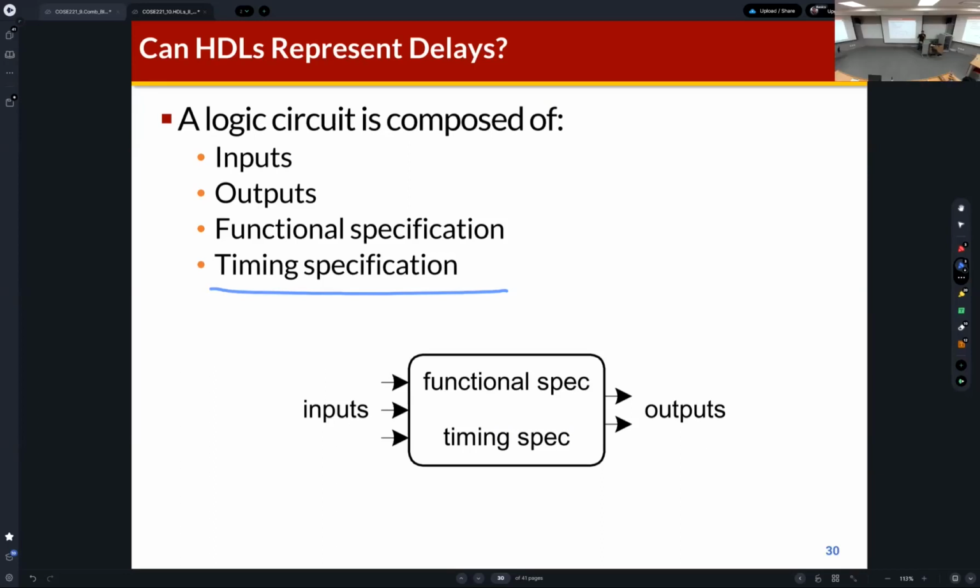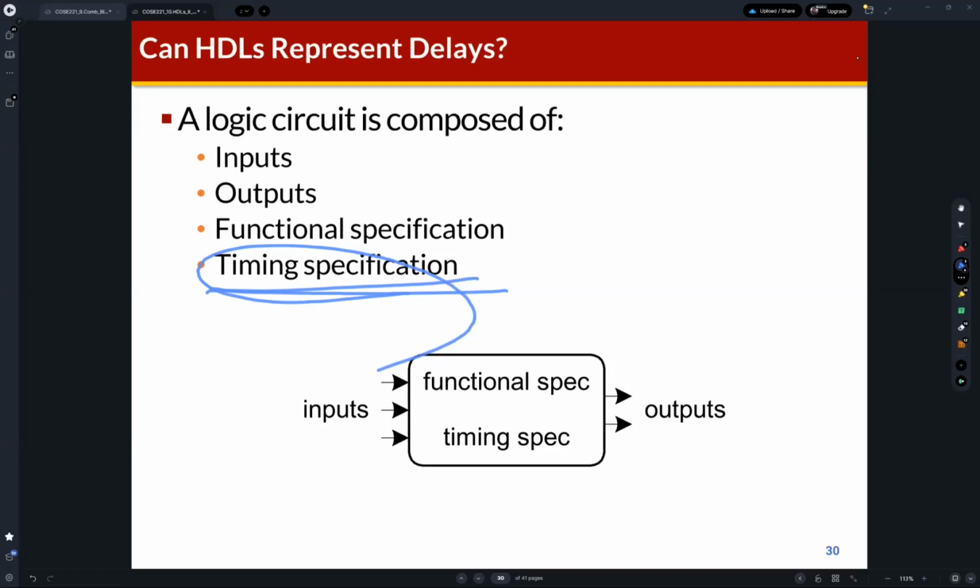SystemVerilog is used for simulating or exercising our design, and because it's used for hardware design, it also needs to reflect the timing specification of our hardware module.